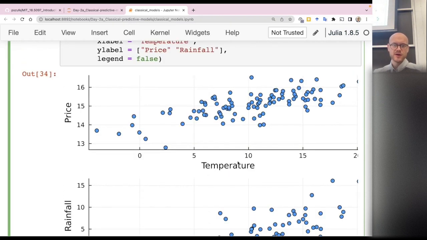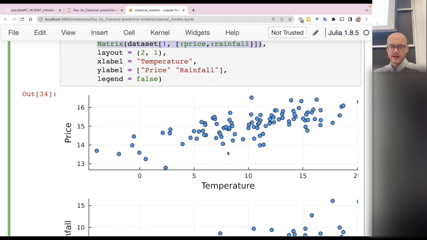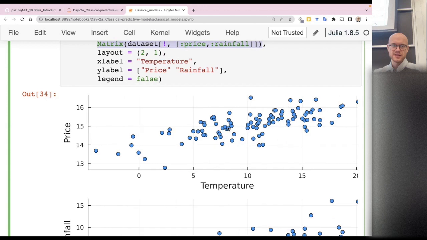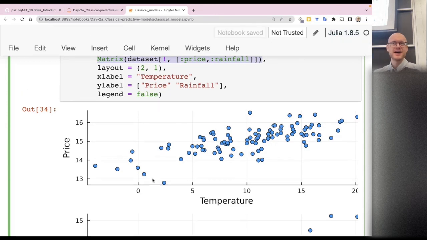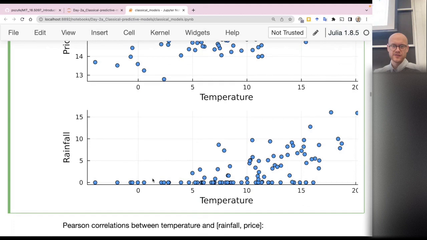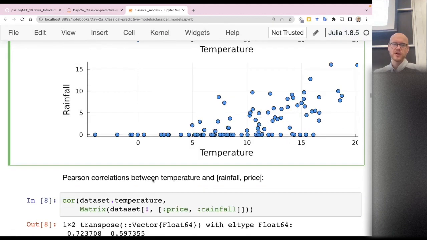The first scatter plot demonstrates the relationship between price and temperature. As you can see, it is positive. And this is exactly what we have assumed, that the store manager sets prices higher, the higher the temperature. So it is confirmed by this scatter plot.